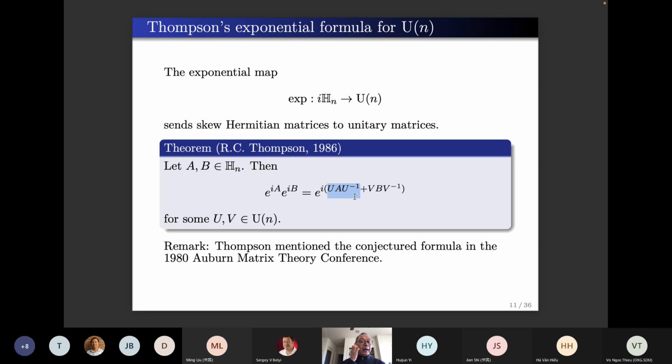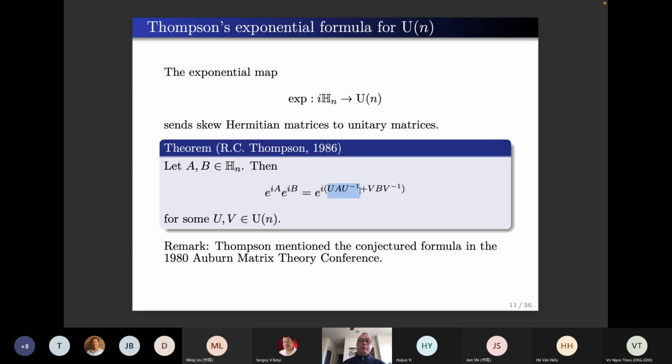How to interpret that? You can imagine that the unitary group acts on H_n. So this is the unitary group, acts on H_n through conjugation, or this is the conjugation, U·U inverse. So UAU inverse can be interpreted as an element of the orbit of the matrix A under the action of the unitary group.